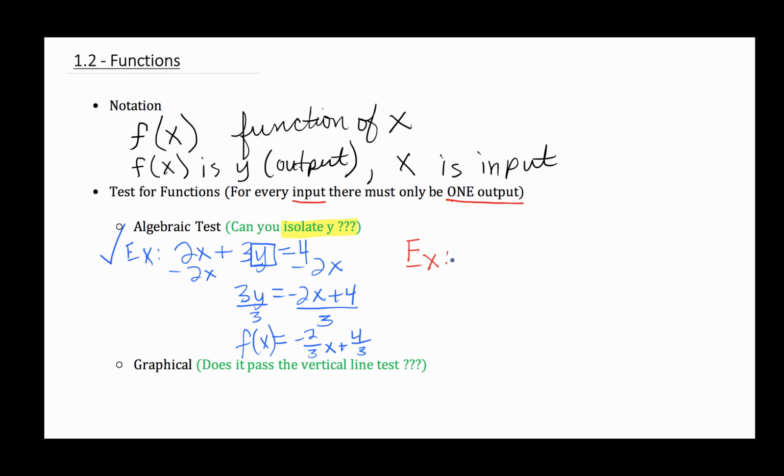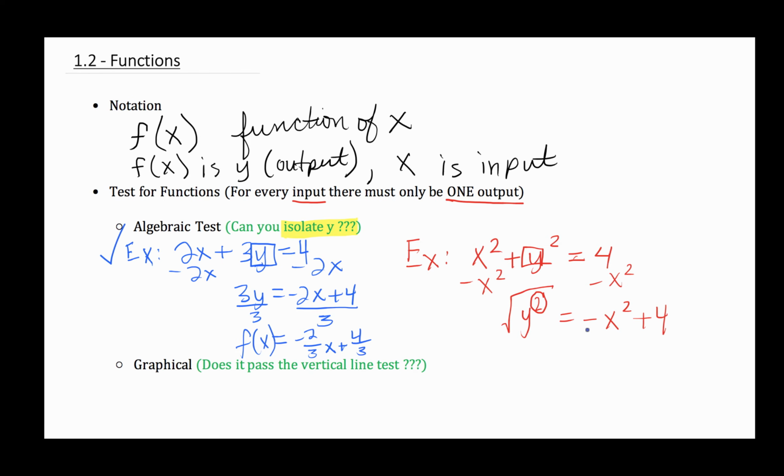Suppose I have the equation x squared plus y squared equals 4. Now remember, the goal is to try and isolate the y. If I'm trying to isolate the y, I'm trying to get this y all by itself. So let's first subtract the x squared. I get y squared equals negative x squared plus 4. And now if I want to get y alone, I have to take the square root of both sides.